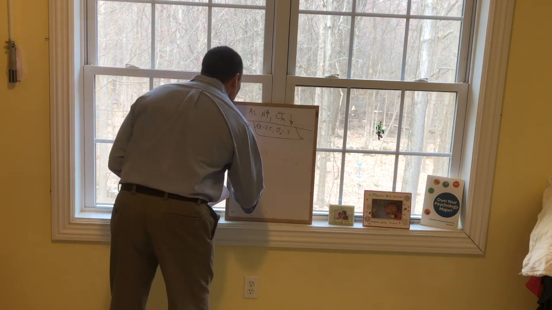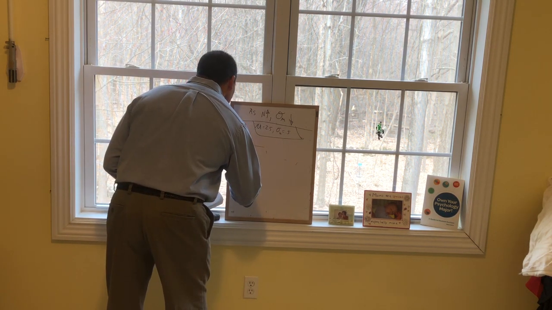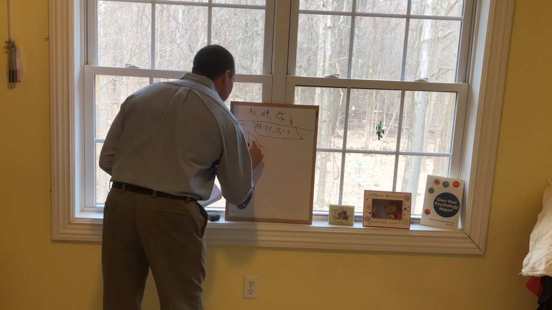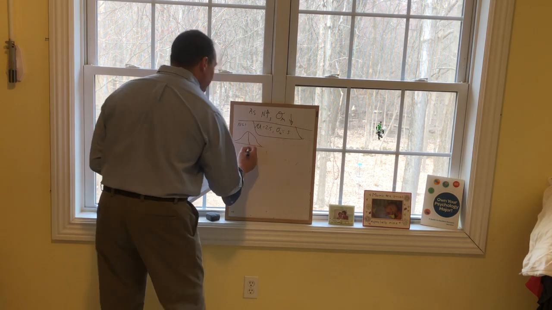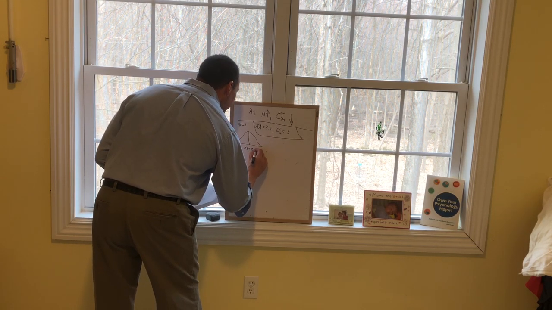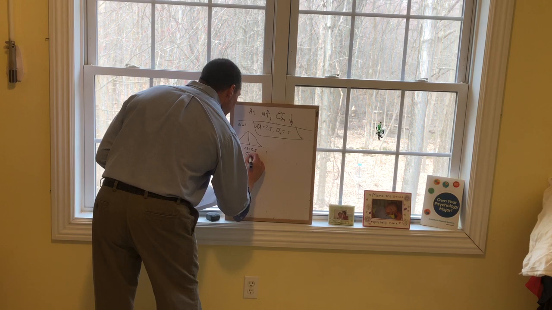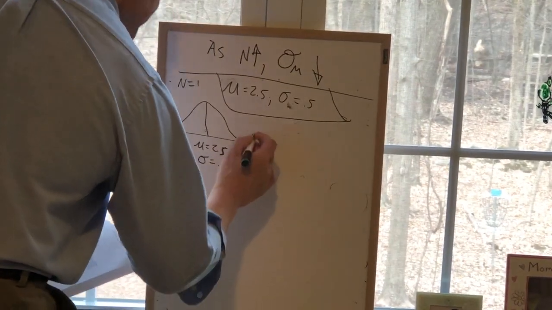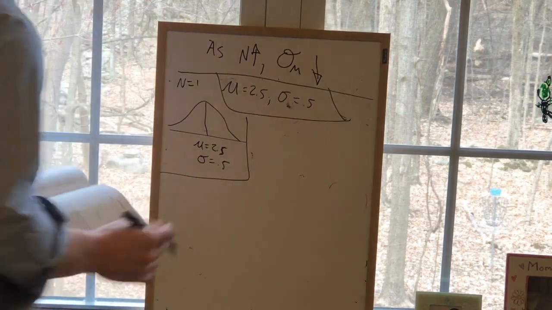If n equals 1, then we're dealing with a regular normal distribution: mu equals 2.5, sigma equals 0.5. Done.